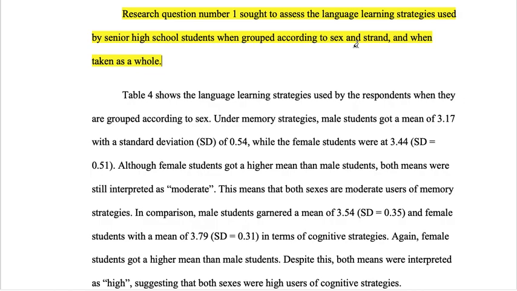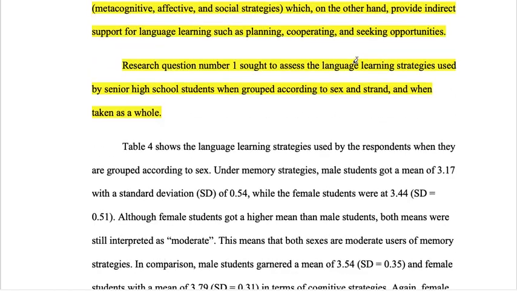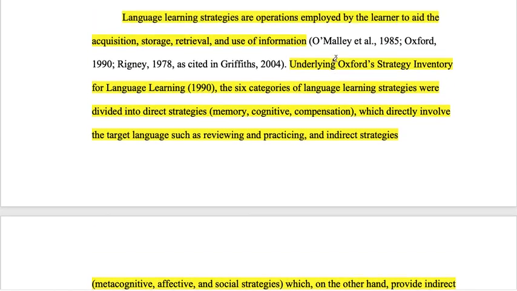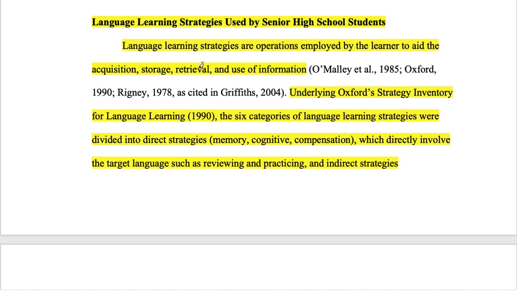So begin your data commentary with, number 1, a short summary or overview of what is being talked about. What's the topic? What's the variable? Okay? Or the key points. So this time the key point is language learning strategies. And the researcher successfully writes an introduction about it.